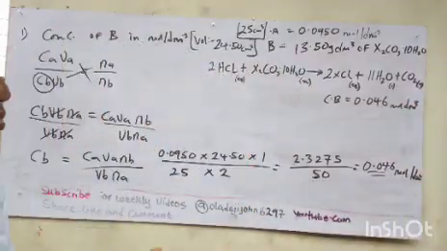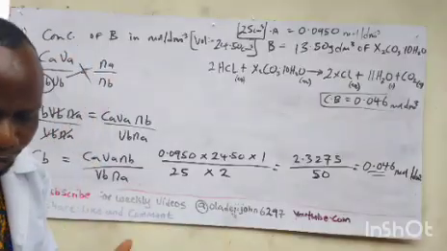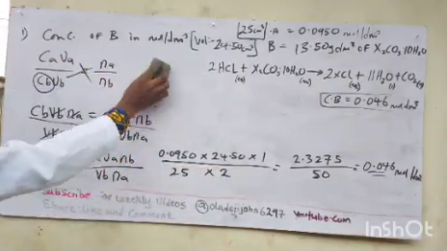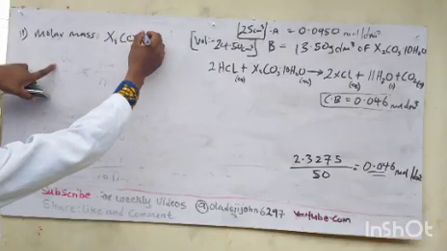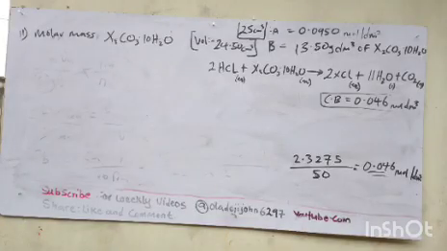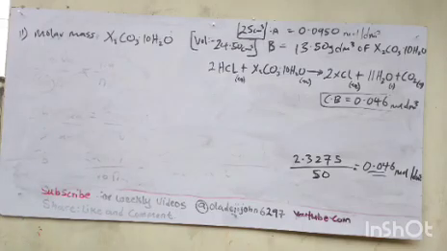Now, because we are still going to need this Cb, let's note it while we move to the next question quickly. Question 2 says X2CO3 decahydrate. So this is our next calculation. Now, how do we find the molar mass? First of all, you must know the formula for molar mass.